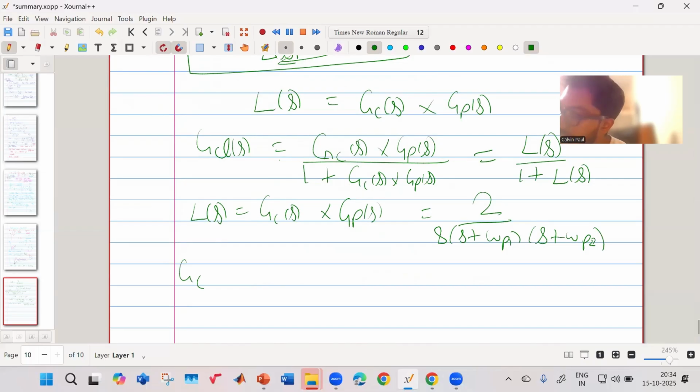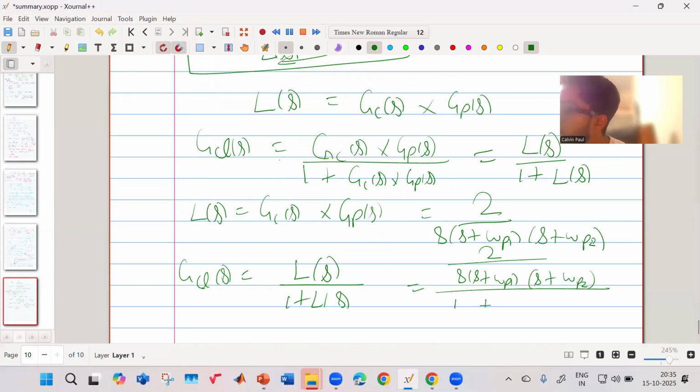Now your Gcl(s) is equal to L(s) upon 1 plus L(s). That is equal to 2 upon (s plus omega p1)(s)(s plus omega p2), upon 1 plus 2 upon s into (s plus omega p1) into (s plus omega p2).